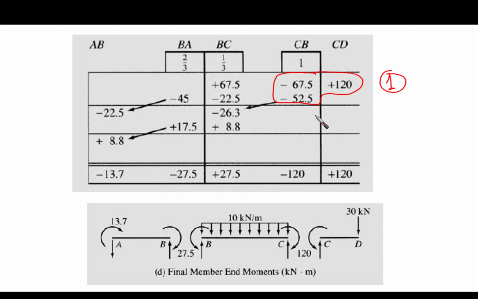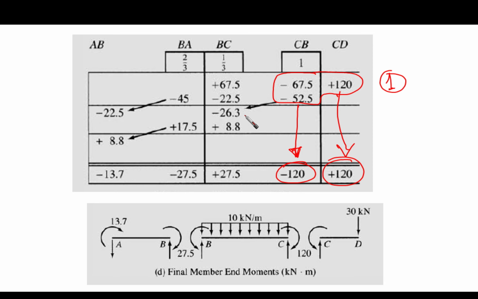So there is no need to do anything else. Stop here. Do not make any carryover factor. Just sum them up directly to the end. And here, sum them up directly to the end. So now it greatly simplifies the moment distribution process.